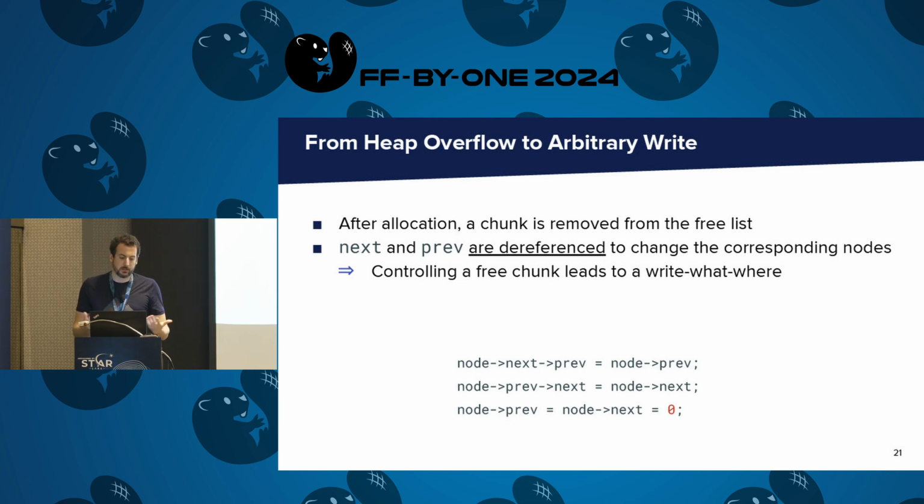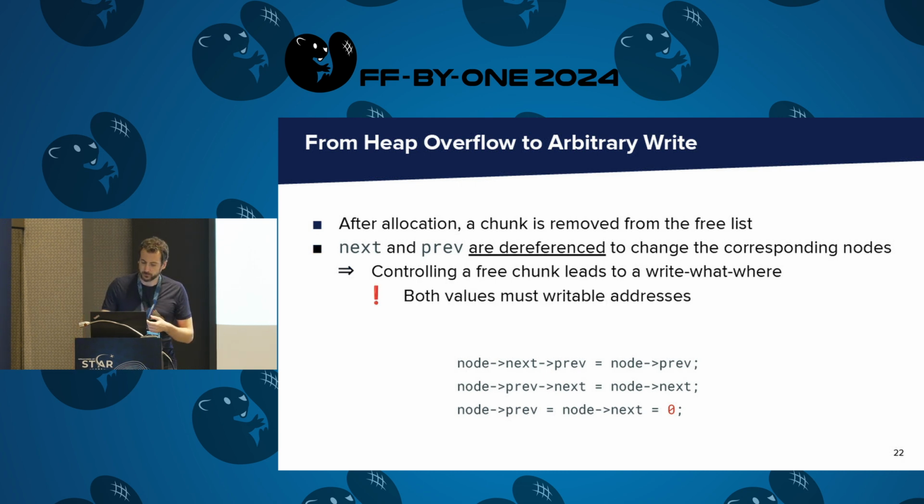So basically, if we can control these two pointers, next and prev, of the chunk being allocated, it leads to a write-what-where primitive, with the only constraint that both values must be writable addresses.